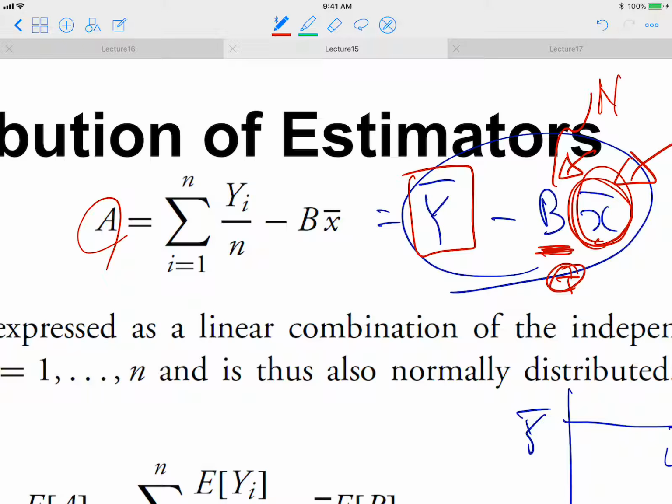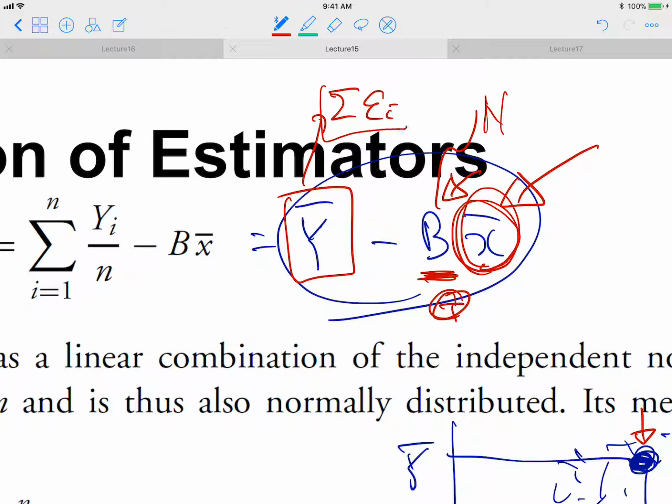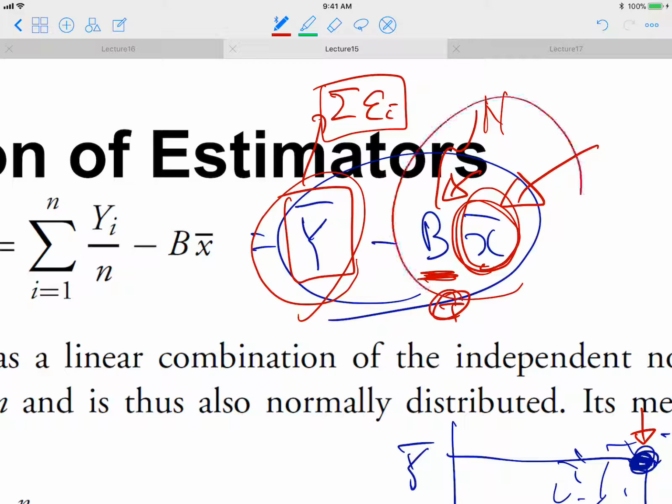It will have some alpha and xi's and beta, but also basically the summation of ei's. This is the sum of the Gaussian random variables ei, and a sum of Gaussians is also Gaussian. So altogether, the entire A will also be Gaussian.